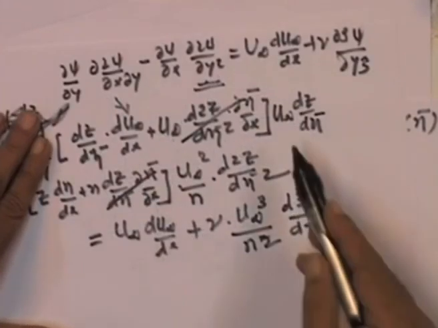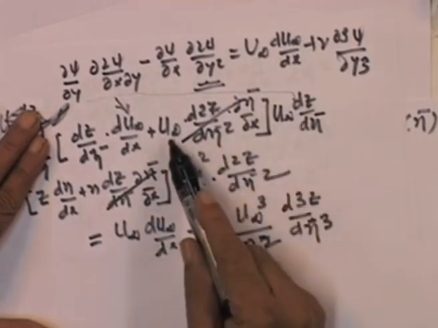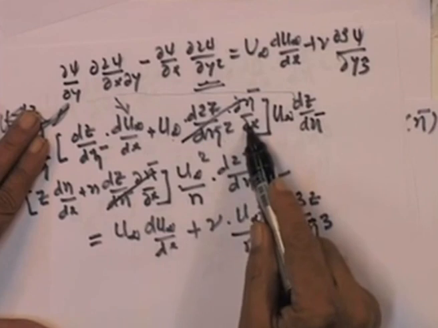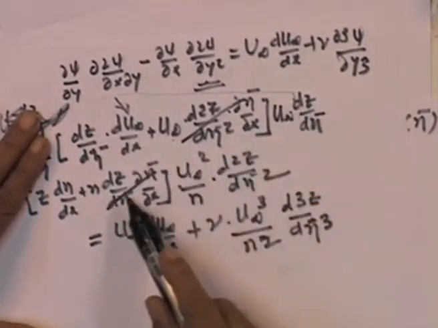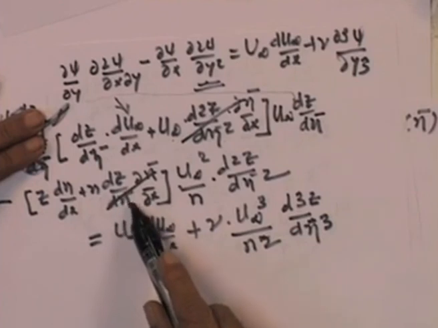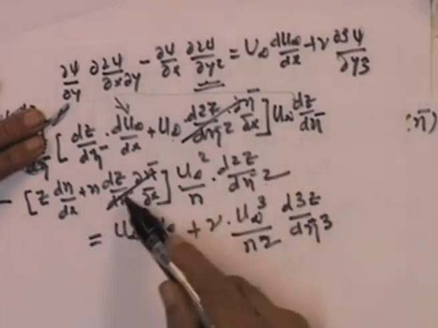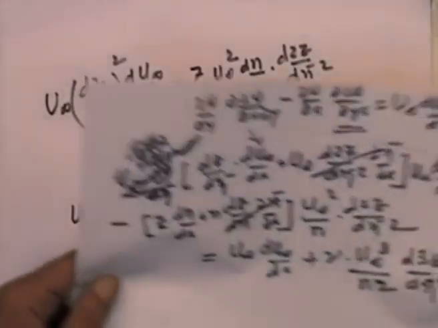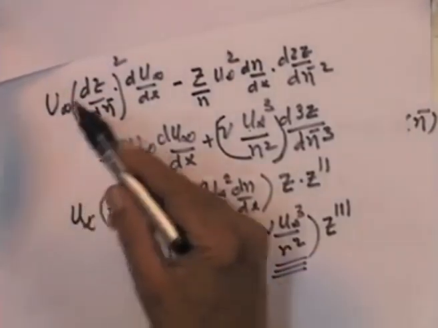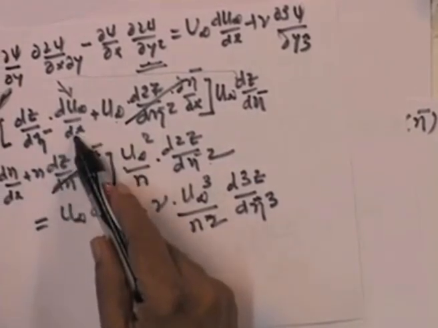Now observe that u∞ dZ/dη̄, which is really ∂ψ/∂y, multiplied by u∞ d²Z/dη̄² dη̄/dx in this first term, cancels because of the negative sign with the second term, n dZ/dη̄ dη̄/dx times u∞ squared by n d²Z/dη̄², because n and n cancel. So these two terms vanish, and the equation would look like this: u∞ times (dZ/dη̄) squared times du∞/dx is the first term.